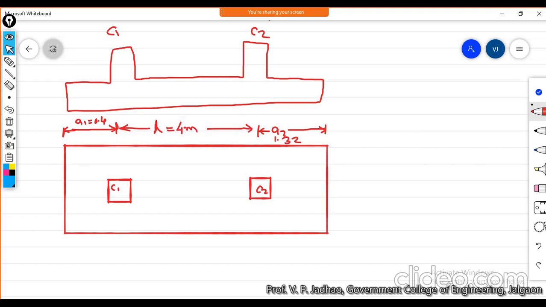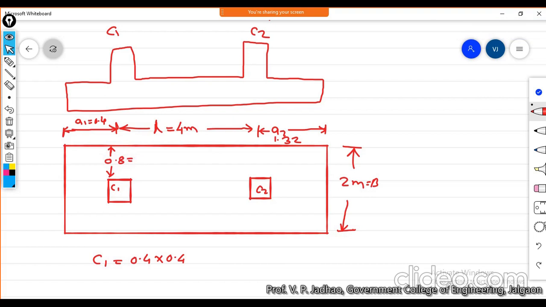Again, this distance is 2 meter, that is capital B. The column size C1 is 0.4 by 0.4. Therefore, this particular distance will be 2 minus 0.4 divided by 2, which comes out to be 0.8 meter.